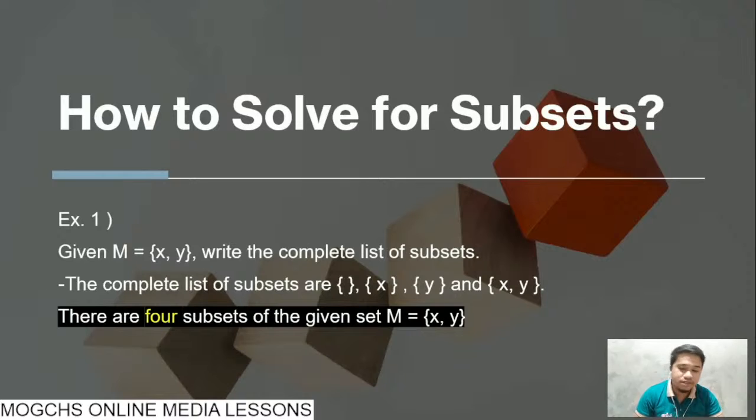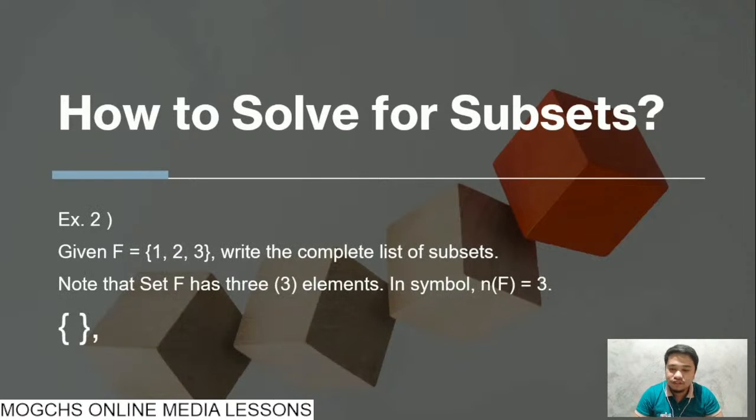The complete list of subsets are the empty set or null set, X, Y, and X and Y. Therefore, we have 4 subsets of the given set M, which are the empty set, set X, set Y, and the set of X and Y. So, that is simple.